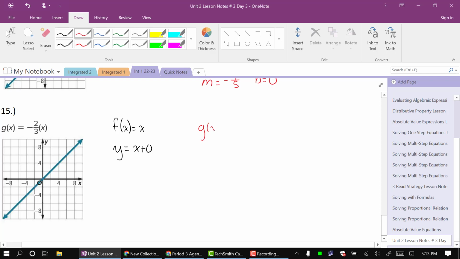Well, that is g of x equals negative 2 over 3 times x. So it's got a negative, so that means we're going to do a reflection. It's outside the parentheses, so this is going to be a reflection across the x-axis.